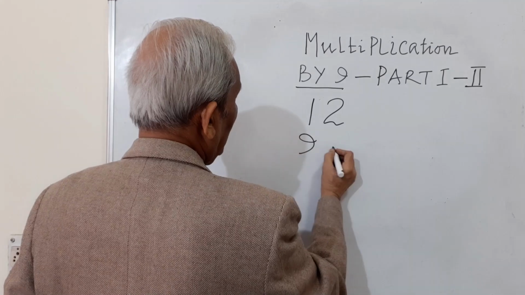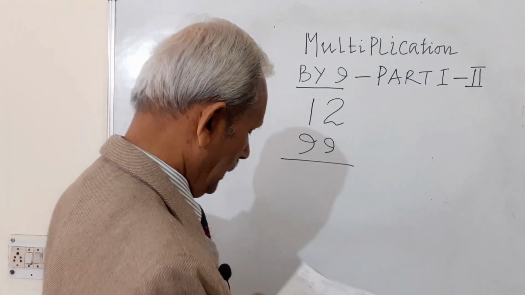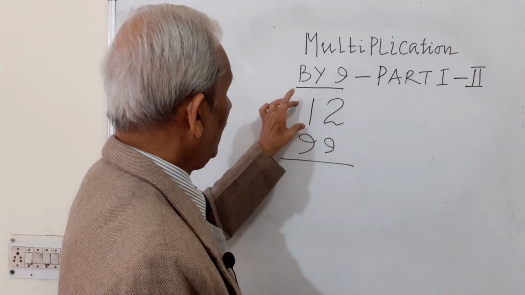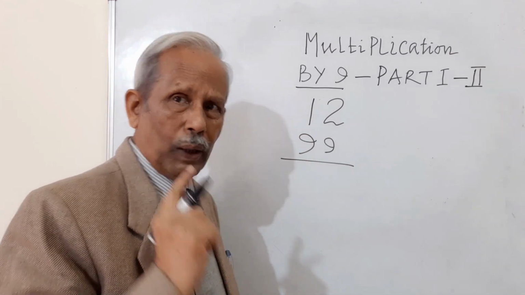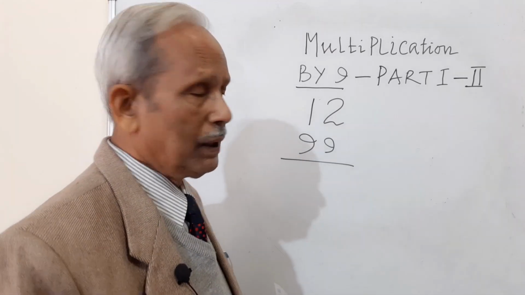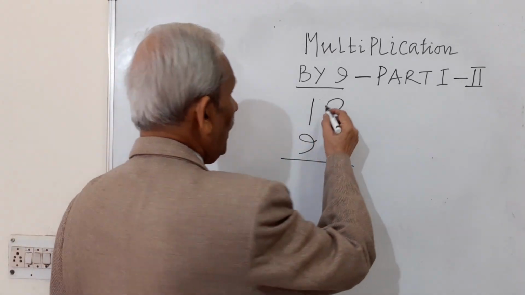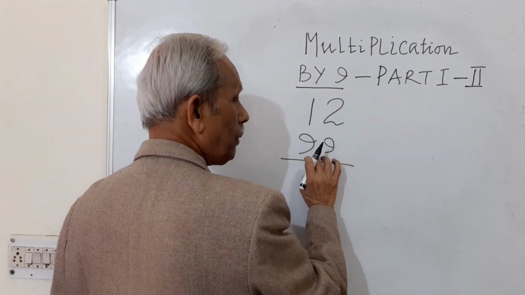Here you see the digits are the same. There are 2 digits here, 2 digits here. Now remember, while doing multiplication like this, there are 2 things you have to see. The first part: this is the multiplicand and this is the multiplier.